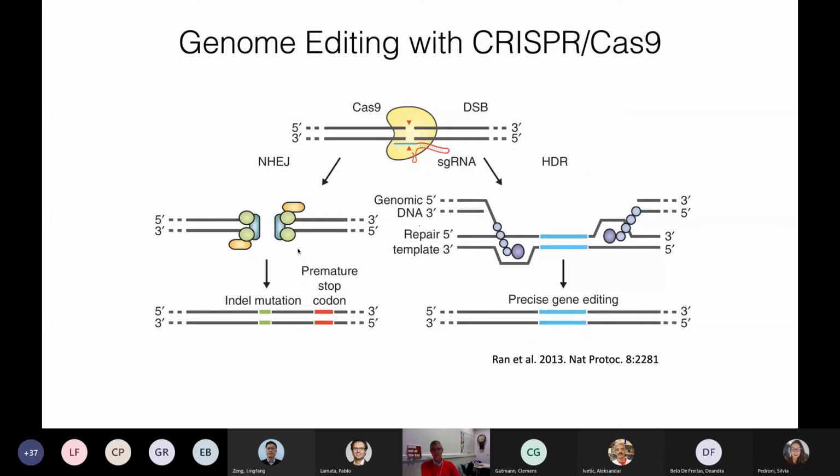But there is another consequence: if you induce a double-strand break, for example by expressing the Cas9 protein and a guide, in replicating cells this break can be repaired through non-homologous end joining, in which the double-strand break is recognized by the Ku protein, DNA-PKcs and other proteins, and then there is error-prone repair with the insertion of mutations or small deletions, which is very frequent.